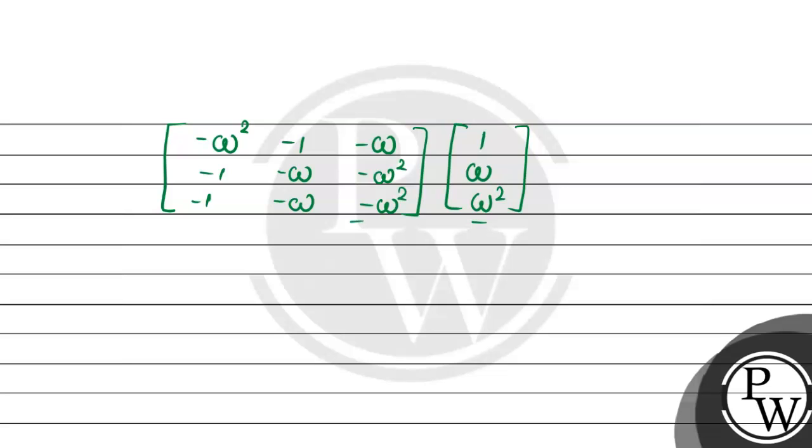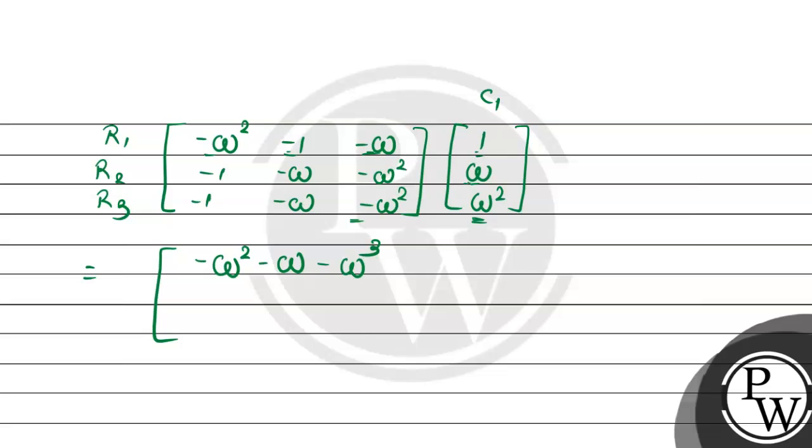To multiply the two matrices, we have to consider the rows of the first matrix and columns of the second matrix. So by performing multiplication, minus omega square into 1, that is minus omega square, minus 1 into omega, that is minus omega, into omega square, that is omega cube, right?